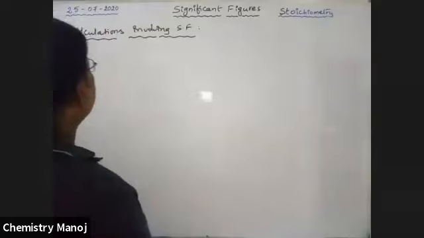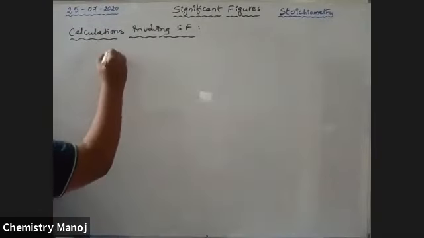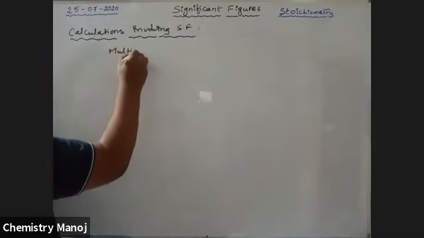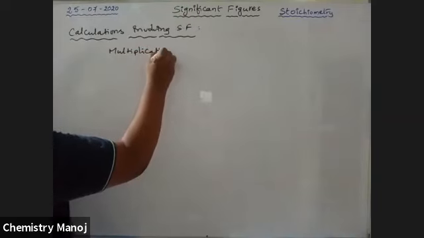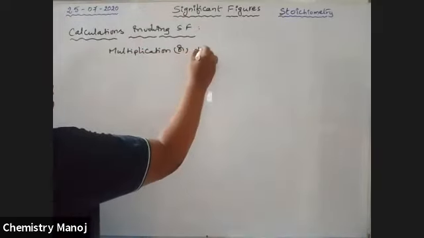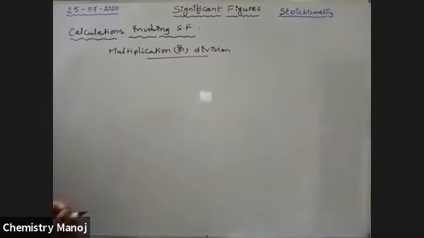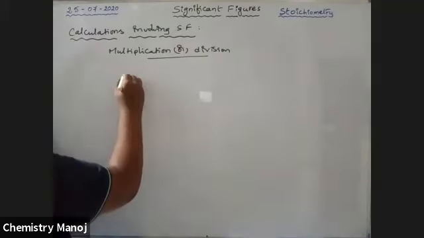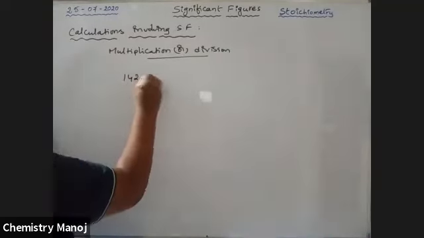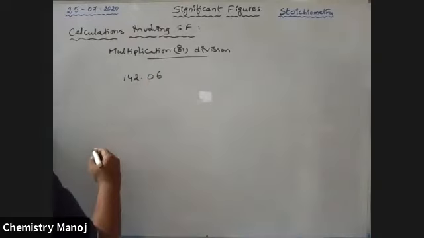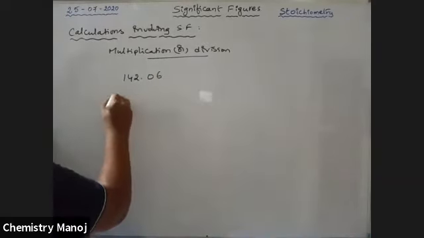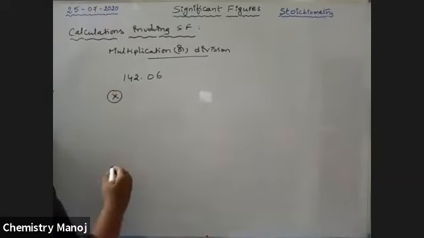Either multiplication or division. In this case, what happens? So now, I'm trying to calculate the value 142.06 into 0.23.